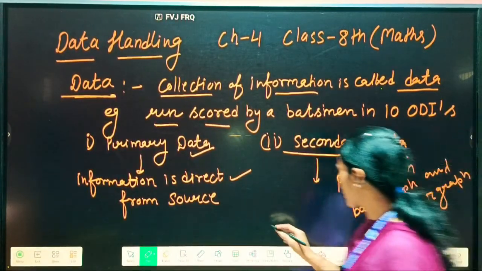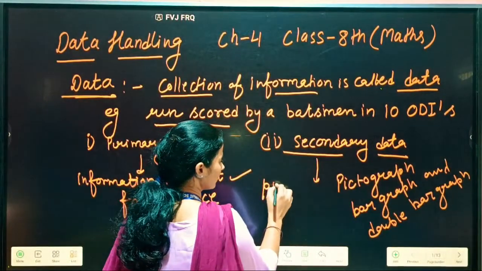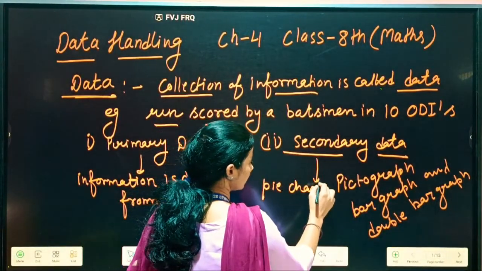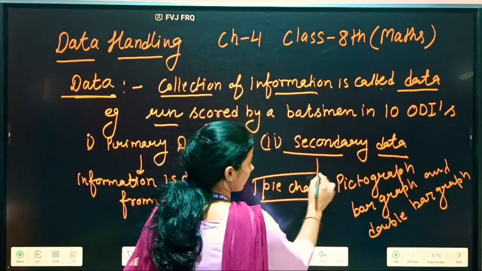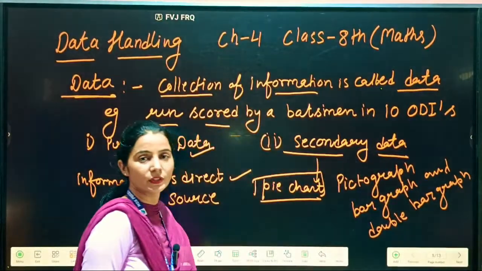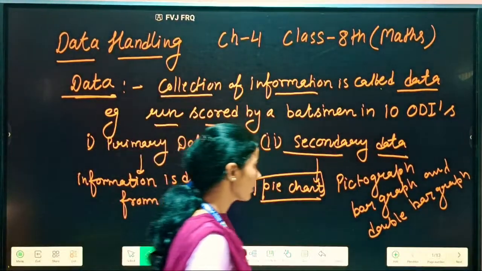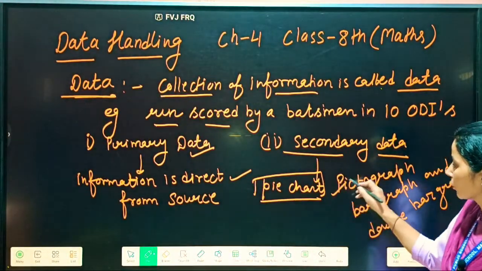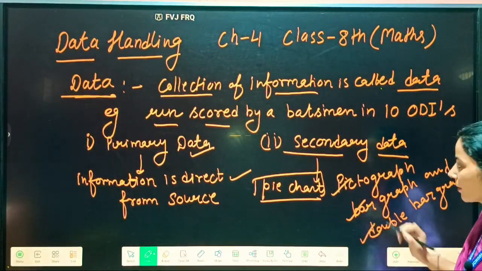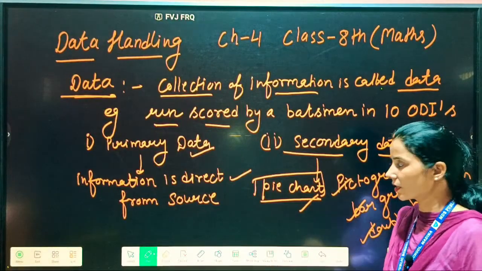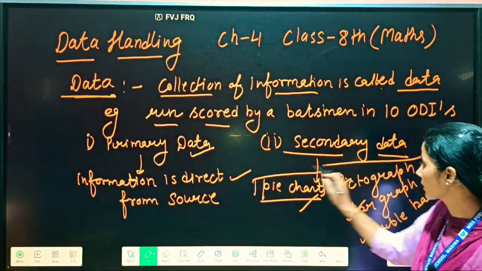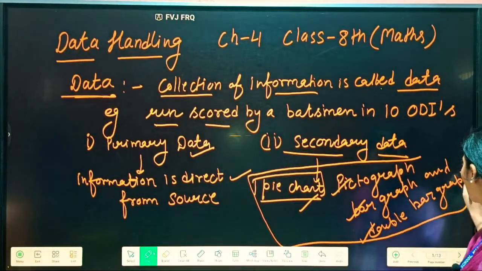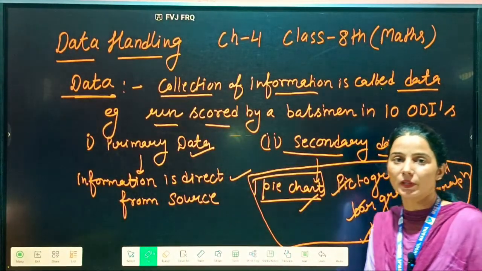We are using pie chart also. Line graph is also there. In this chapter, we are going to represent information, data through pictograph, bar graph, double bar graph, and pie chart. About these, we are going to discuss in this chapter.